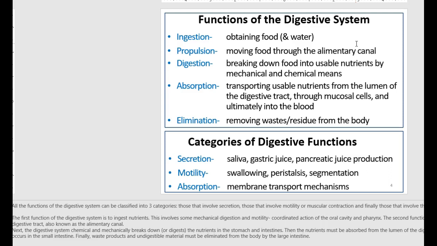Next, the digestive system needs to chemically and mechanically break down the nutrients that get to the stomach and the intestines. Then the nutrients must be absorbed, so absorption is another function. Those nutrients are absorbed from the lumen of the alimentary canal or digestive tract into the bloodstream. Most absorption occurs in the small intestine. And then finally, waste products or any undigestible material must be eliminated from the body by the large intestine.